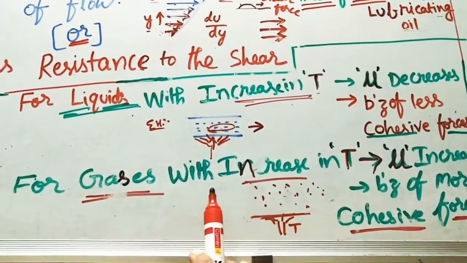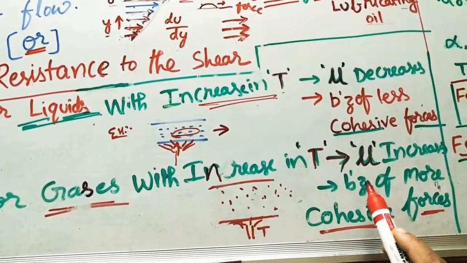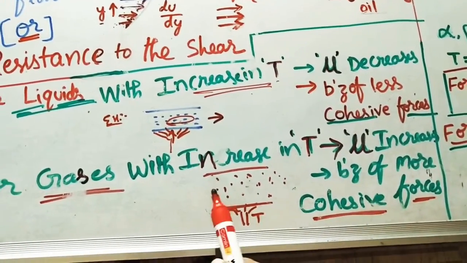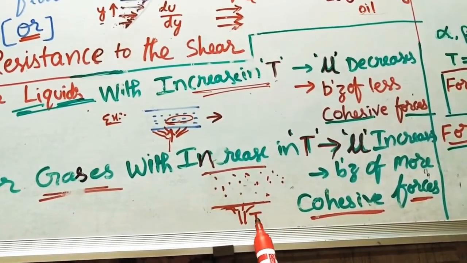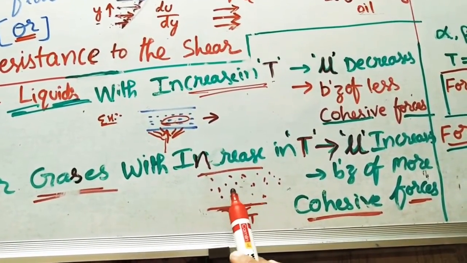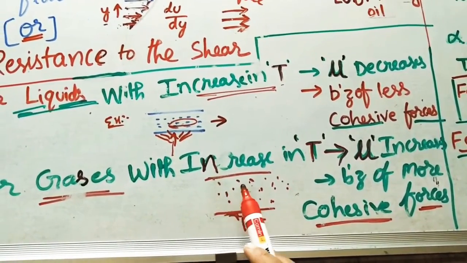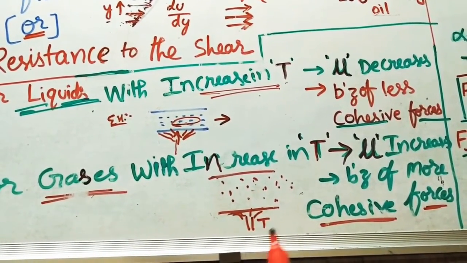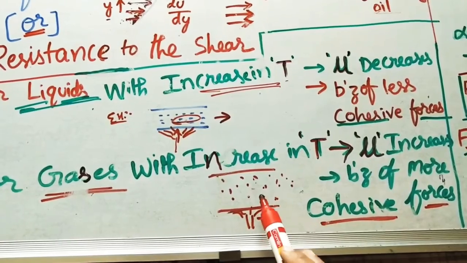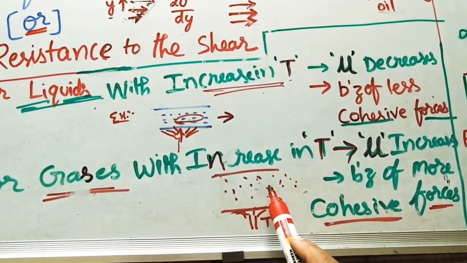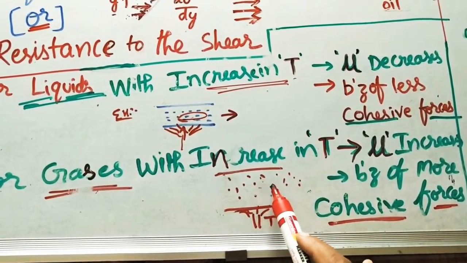If you are taking gases, with increase in temperature, mu, that is viscosity, also increases. If you are heating the gas, we are giving energy to the particles. Already they are at a long distance, the molecules in gases. If you give temperature to them, they will get energy and collide with each other.